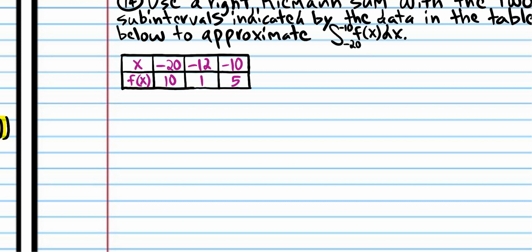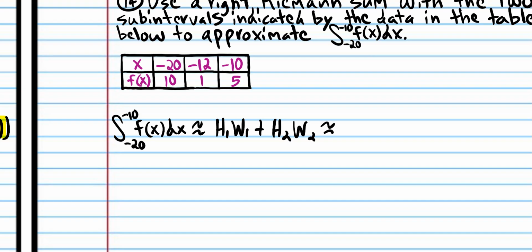So the integral of f of x dx from x equals -20 to x equals -10 is approximately equal to the height of the first rectangle times the width of the first rectangle, and so on and so forth.